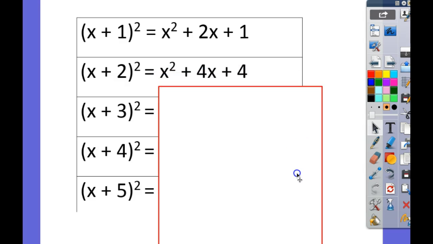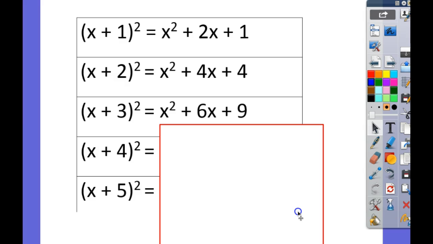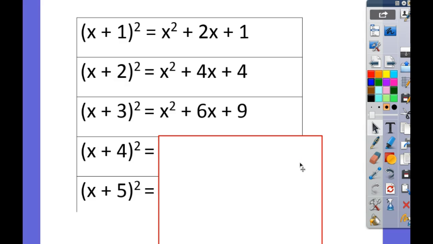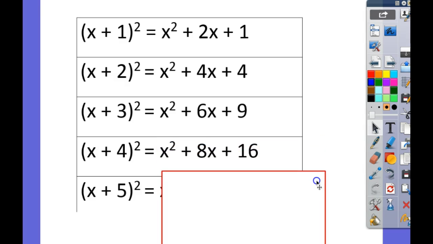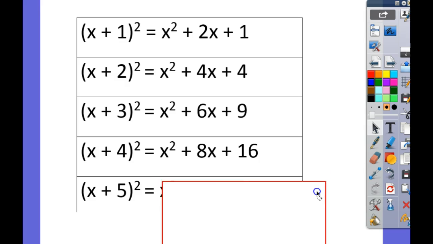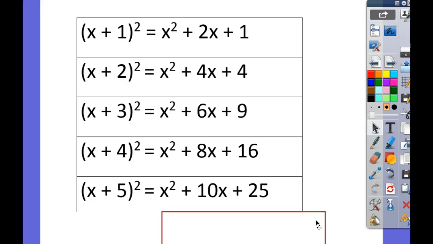X plus 3 squared. Who else had it? X plus 4 squared. Who had that one? What'd you get? X plus 5 squared. Who had that one? What'd you get? Now, do you see a pattern?